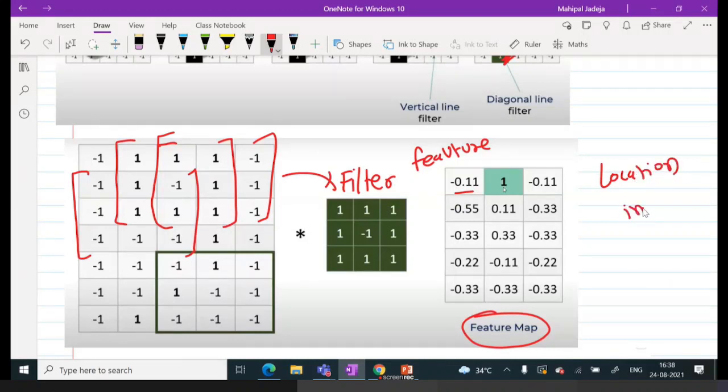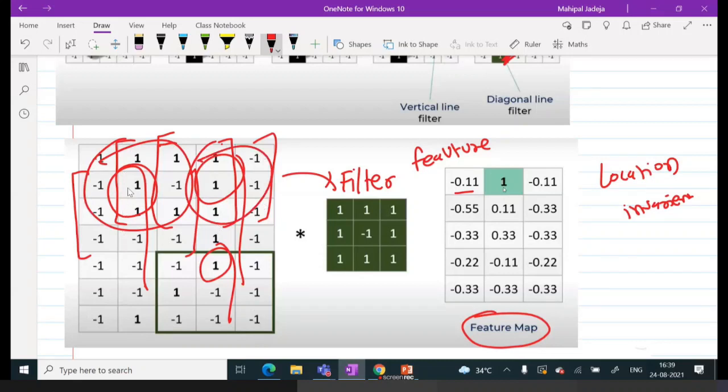What is the meaning of location invariant? Irrespective of whether 9 is present here or here or here, my system will be able to detect it ultimately, because now I am traversing the entire image filter by filter. First I will cover this portion, then this portion, then this portion, then this portion. So I'm not focusing on only a specific region of my image.